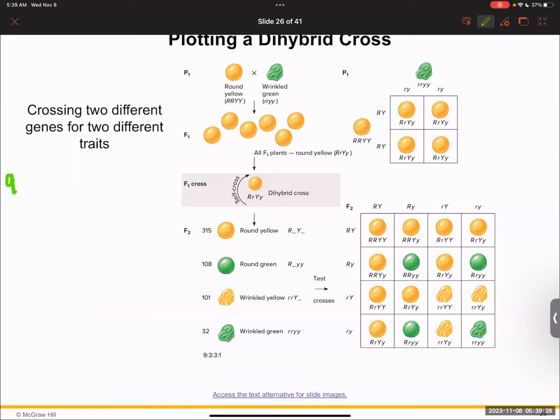So the 9, which is the highest, is homo or hetero dominant for one characteristic, and then homo or hetero dominant for the second characteristic.